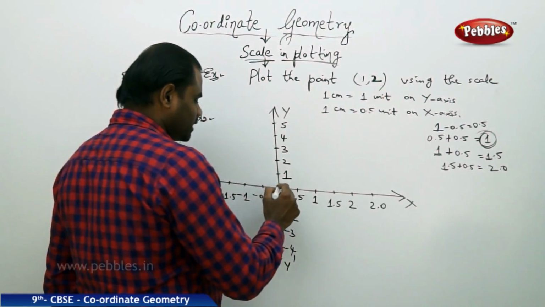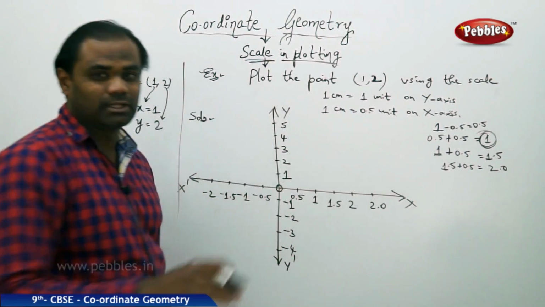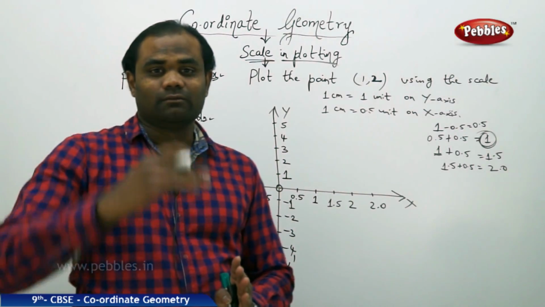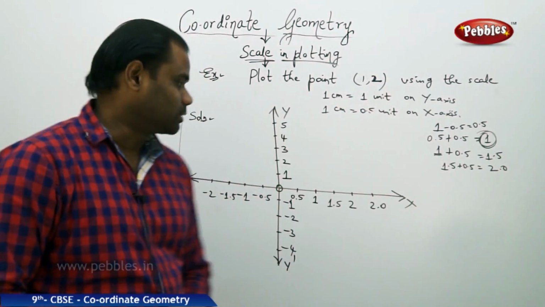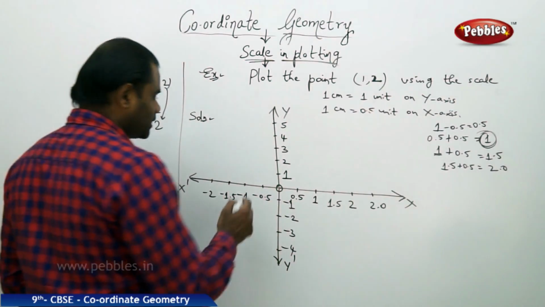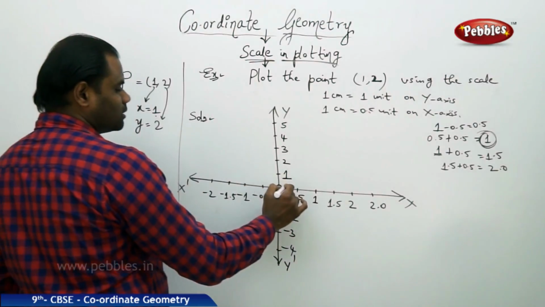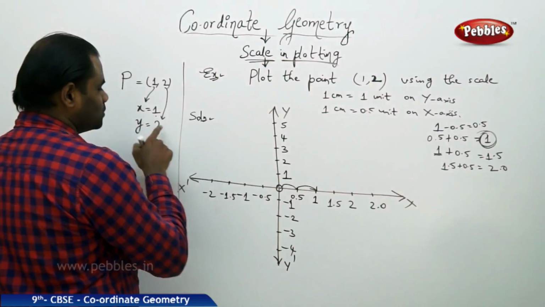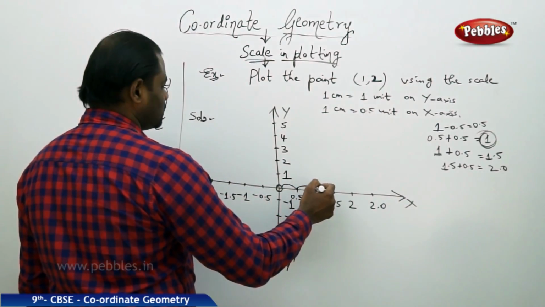As I see the x coordinates moving horizontally along the right and left, and the y coordinates moving vertically up and down, clearly the x coordinate moves 1 unit to the right. This being positive, it moves 1 unit right, and then it moves 2 units up.